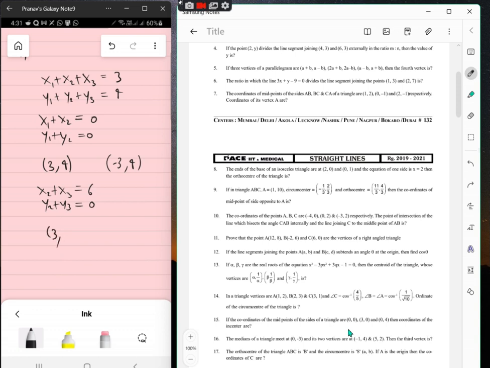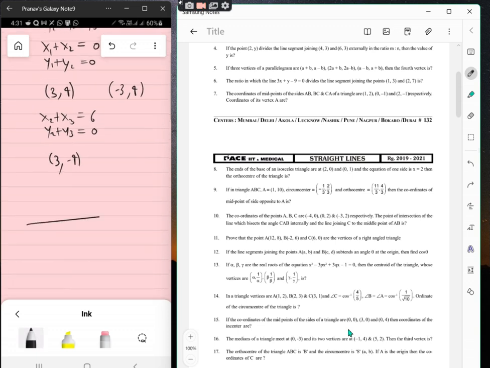And 4 plus 4 is 8, that goes over there, minus 4. You got the points. It's 3 comma 4 like this, negative 3 comma 4, and 3 comma negative 4. This side is 6, this side is 8.